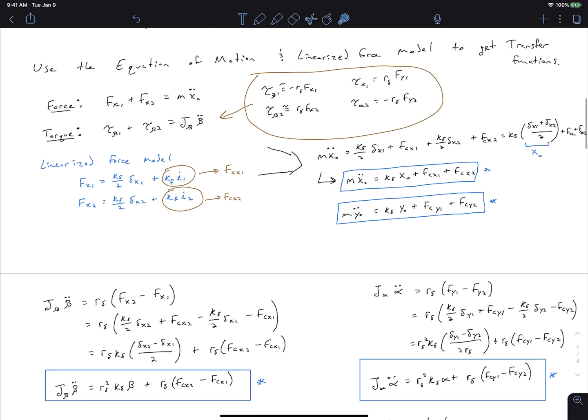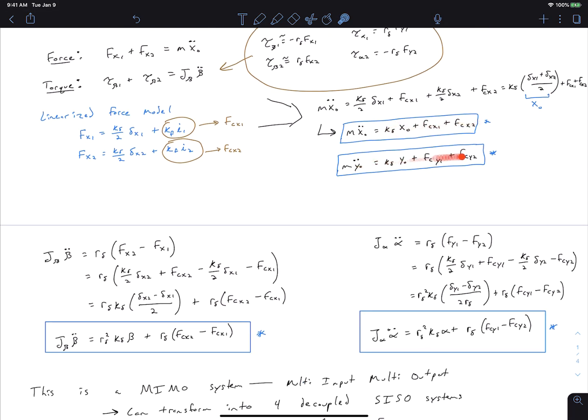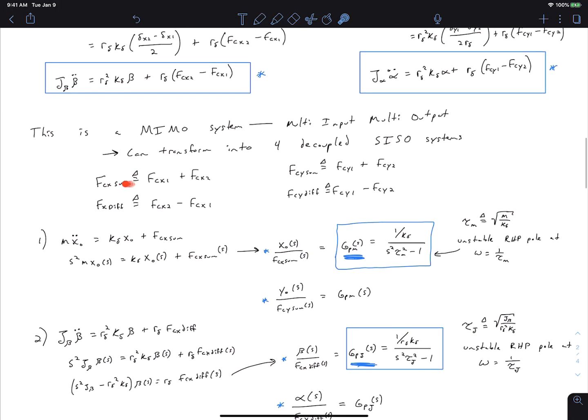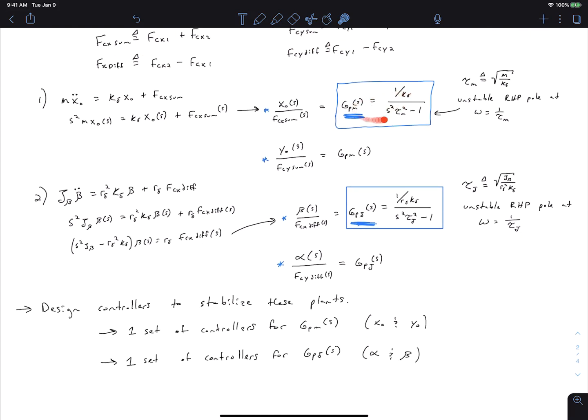We then derived the differential equations for each state variable, and notice that they are coupled because of their dependence on x1 and x2. We then showed how we can decouple the equations with this transformation, and we arrived at a set of 4 differential equations, but actually 2 unique differential equations. So two differential equations are both this GPM form and the others are this GPJ form.